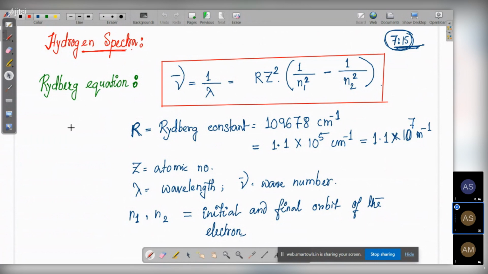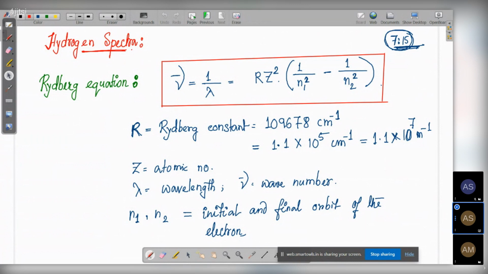So if it absorbs energy, it goes from a low to a high level, and if it is emitting energy, the electron will return from a higher level to a lower one. This is essentially what happens when an electron is absorbing or emitting energy.